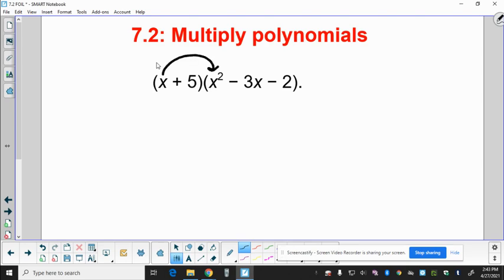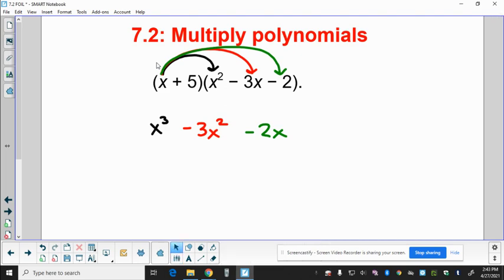And that would be x to the third power, wouldn't it? Now let's multiply these two together, and that would be minus 3x to the second power if you're looking at it very carefully. And then we're going to multiply this x all the way over here and be minus 2x.